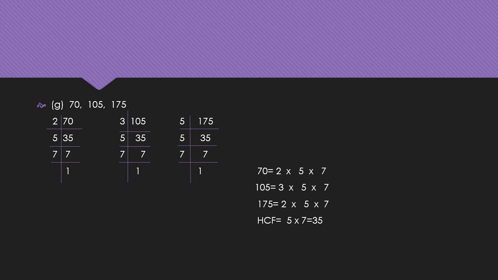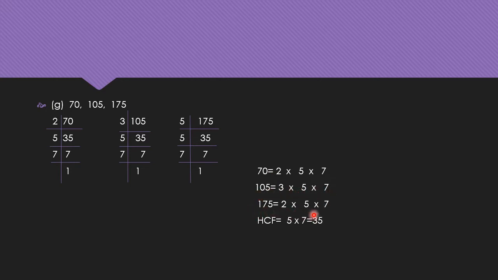In this question, 3 numbers are given. To find the HCF of 3 numbers, here also same method. First we can do the prime factorization of 70. Then do the prime factorization of 105. Then do the prime factorization of 175. Now write the factors of 70. Then write the factors of 105.